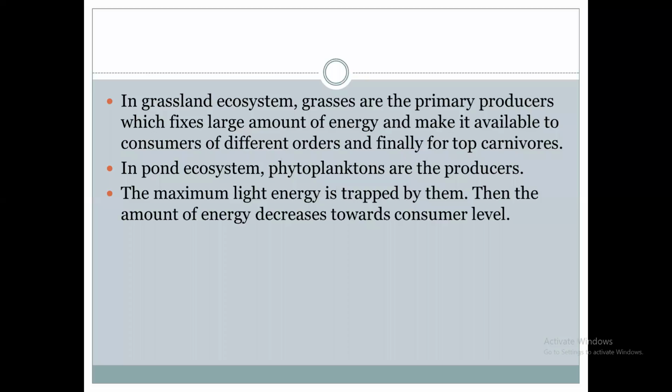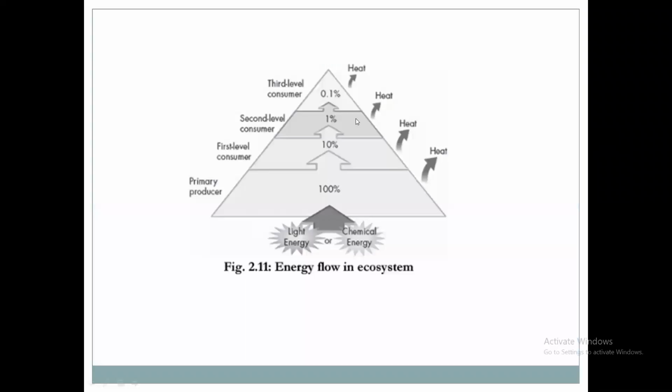So in both ecosystems, grassland ecosystem and pond ecosystem, the energy flow is shown from producers to primary consumers, secondary consumers, and tertiary consumers. This is energy flow in ecosystem.